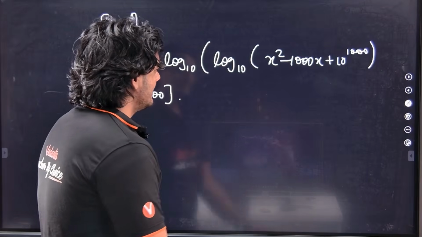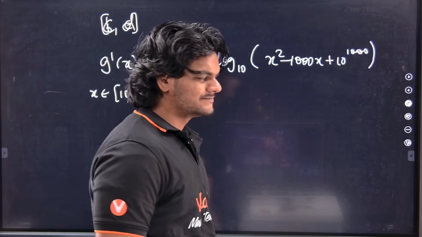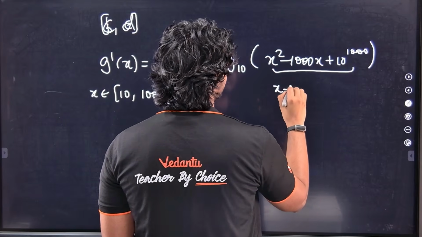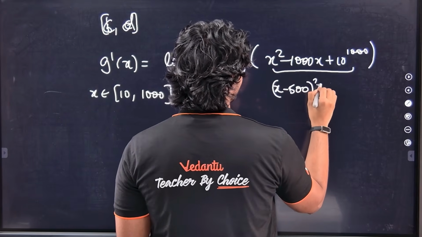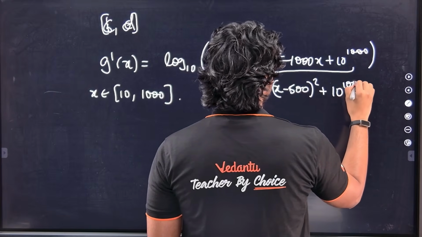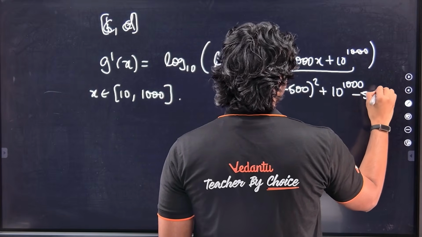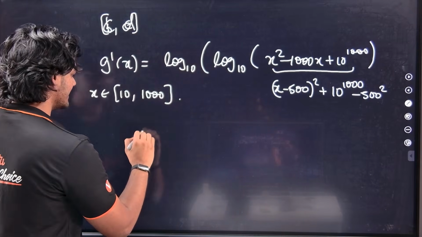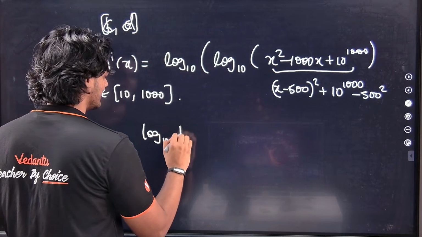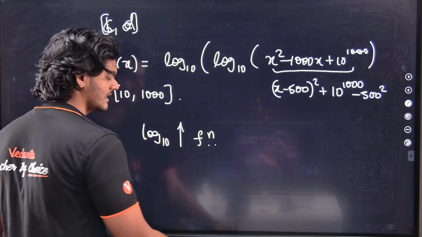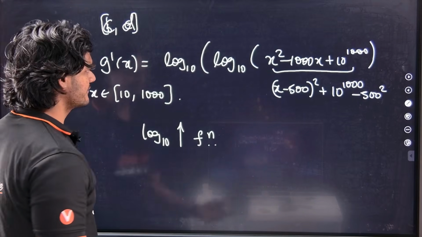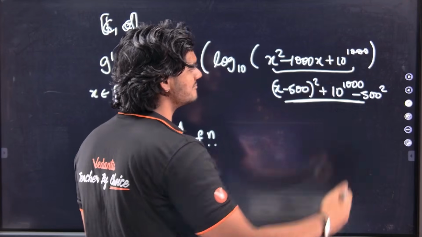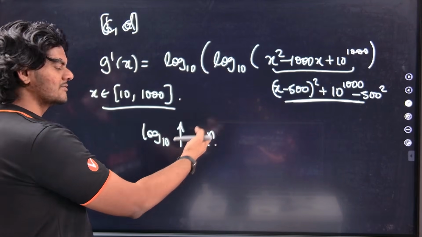We want the greatest value. What is the greatest value of this? I just wrote this down. This can be written as x minus 500 whole square plus 10 power 1000 minus 500 square. So you see, log base 10 is an increasing function. Since it is an increasing function, wherever this is maximum in this range, this will also be maximum.